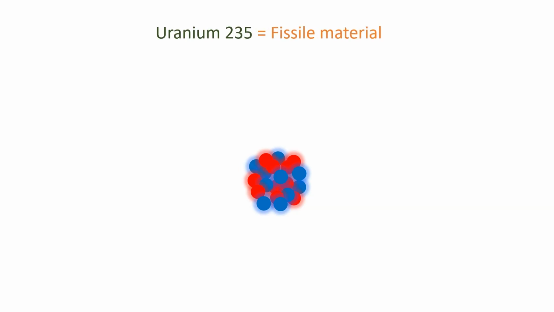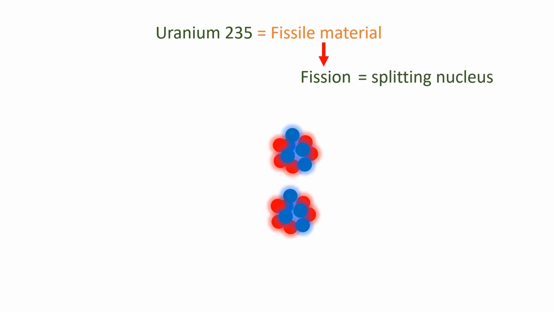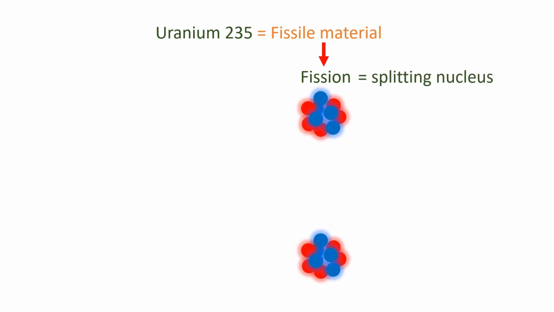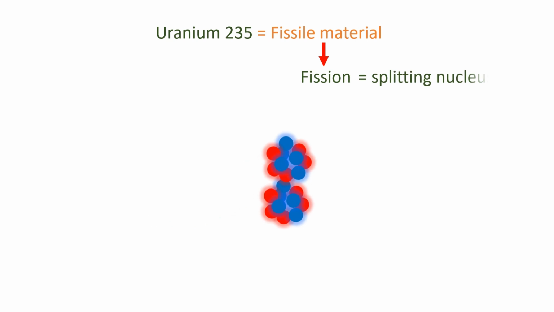Now, let's zoom in on the uranium-235 nucleus. The fuel contains uranium-235, a fissile material capable of undergoing fission reactions. Nuclear fission is the process where the nucleus of an atom splits into two or more smaller nuclei.